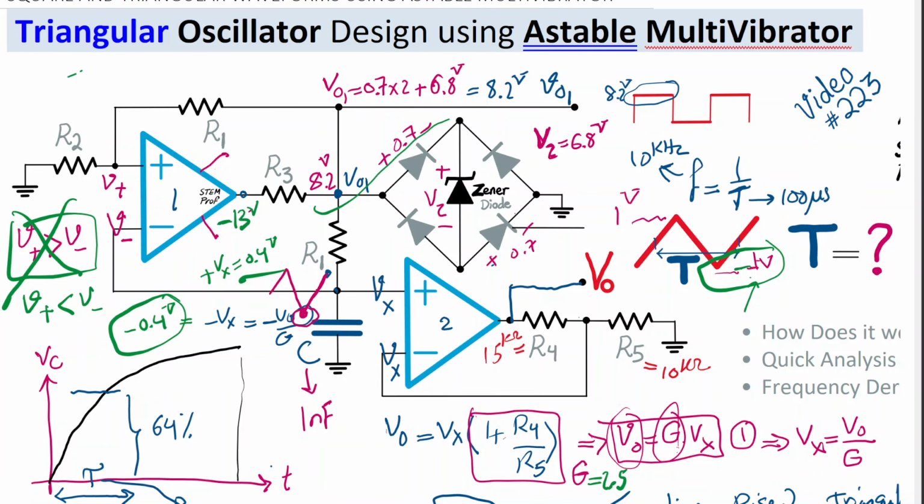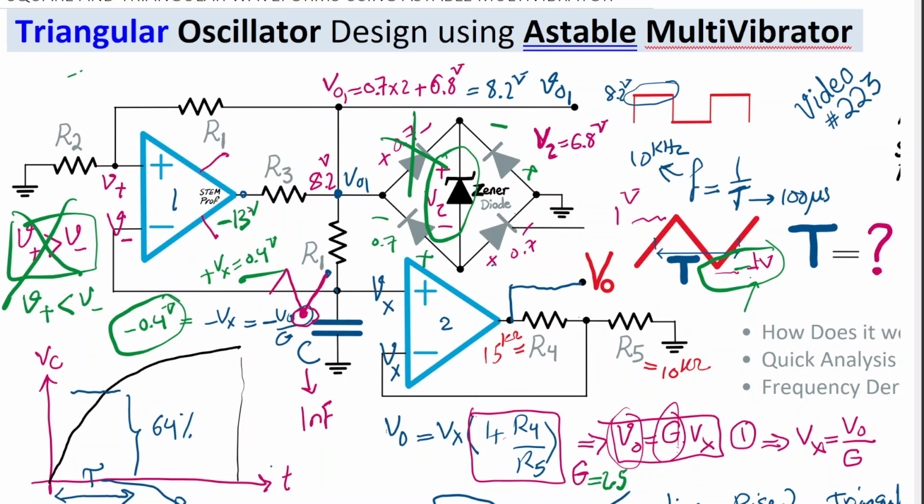So it used to be this way, but now it becomes this way in this full wave rectifier. So now we have the same situation, but from ground down, we have plus minus 0.7. And then again, via the Zener, we have plus minus V Zener, which is the 6.8 volt drop. And then we have plus minus 0.7 across this diode.